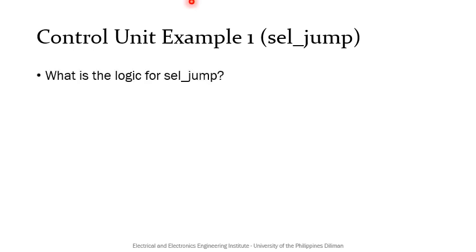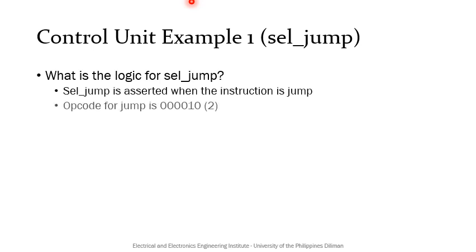Consider this example where we are tasked to come up with a logic expression for the cell jump control signal. Cell jump must be asserted only when the instruction is a jump, which we can identify based on the opcode, which is 000010 or 2.